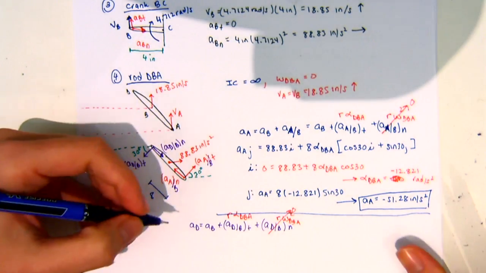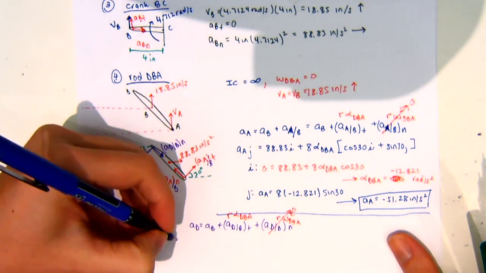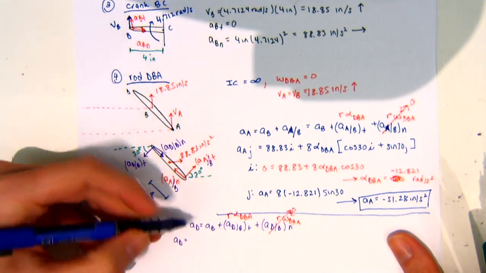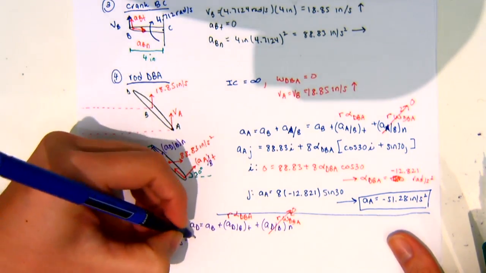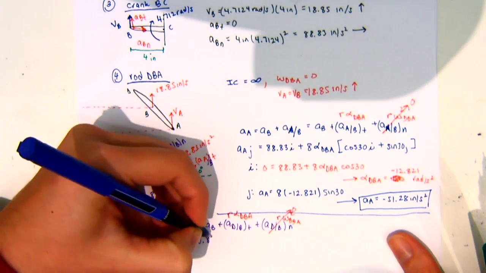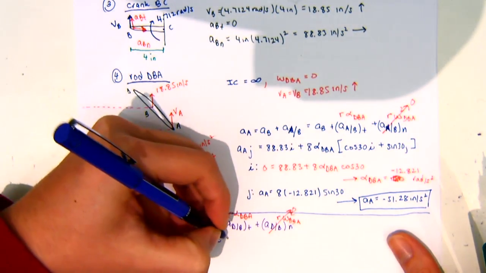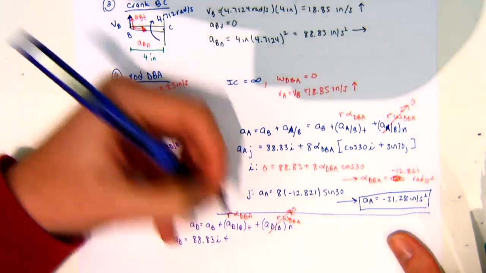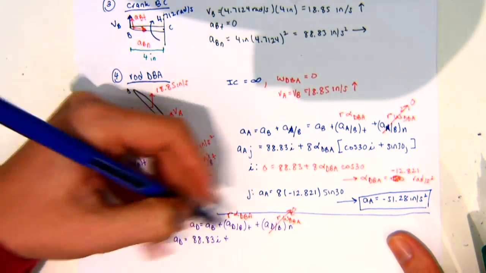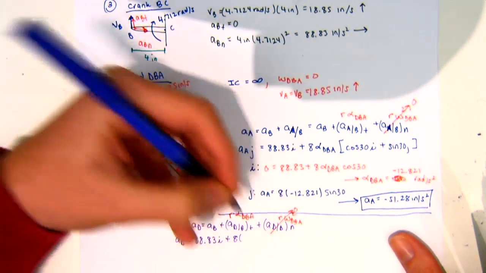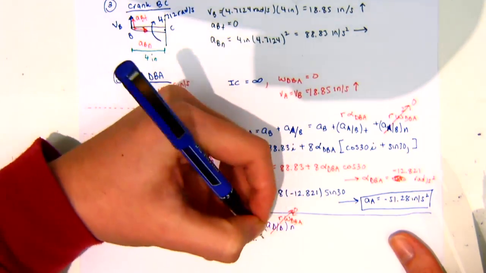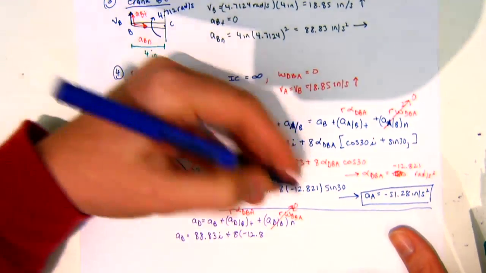So I can say I have AD is equal to AB, which is 88.83I. Then I'm going to have plus my R times alpha, so I have 8, alpha was negative 12.821.